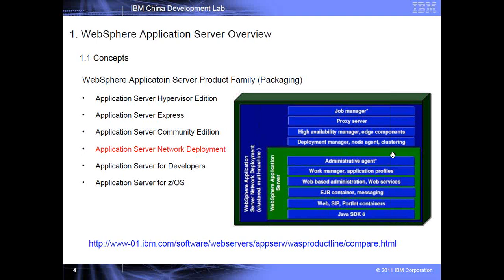When you go for third-party or open source things, you need to install them manually and integrate them, and you need to check whether they are supported by your application server. But with WebSphere application server, these features are available by default: the EJB container, messaging container, web-based administration, web services, work manager, application profiles, administrative agents, deployment manager.